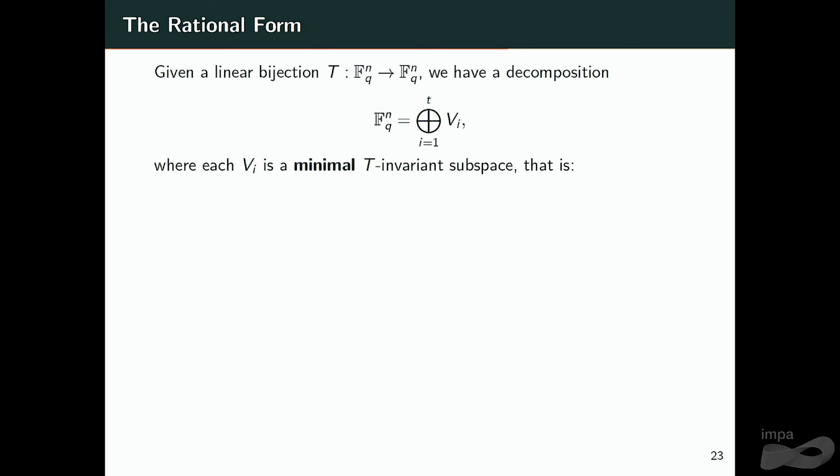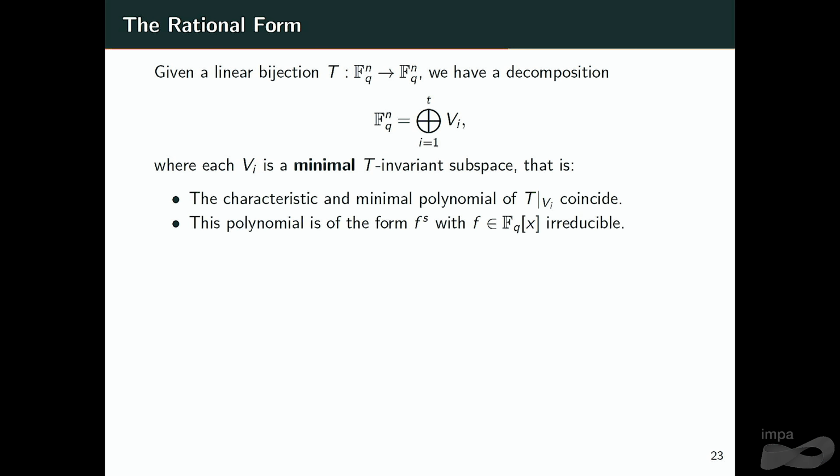So if I take a bijection here, I can decompose my space into invariant subspaces that I'm calling minimal. And they must have two properties. First, the characteristic and minimal polynomial of this linear map coincide, and they're equal to a power of an irreducible polynomial. That's why it's called minimal.